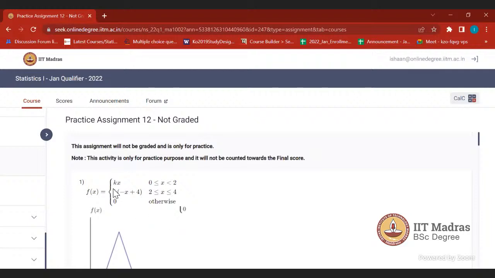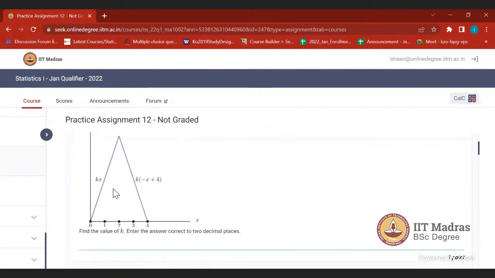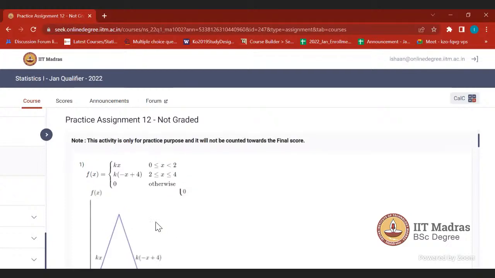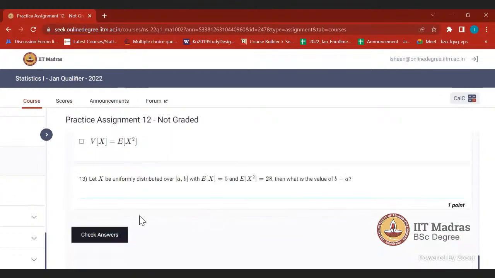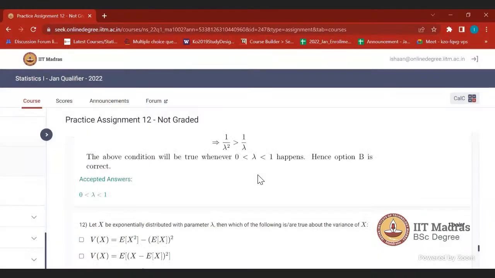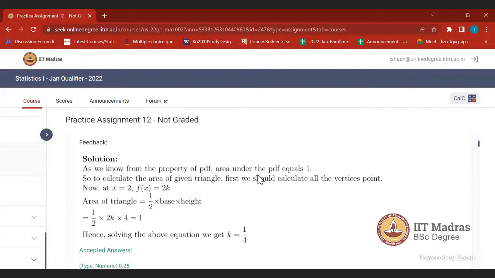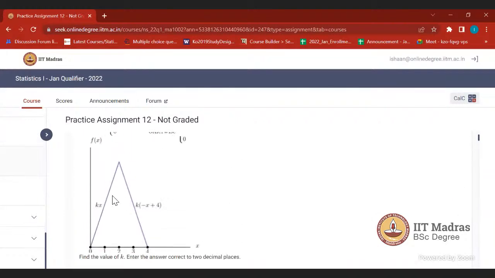With integration, I solved this, but I'm not getting why that is given in the solution, how it got. Can you click on check answers? We'll get the solution, right? It's given at x equal to 2, f of x equal to 2k. How did we get it?